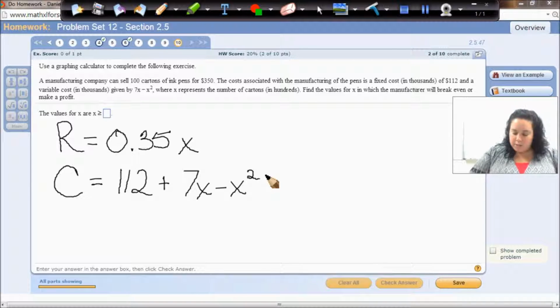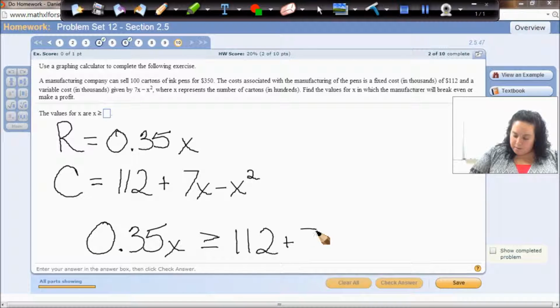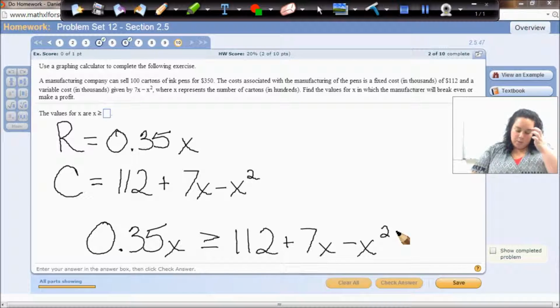So we want to make sure that the revenue is greater than or equal to the cost. We want to make sure that 0.35x, the revenue, is more than or equal to the cost. The money in needs to be bigger than or equal to the money going out. Okay, so we get this inequality.